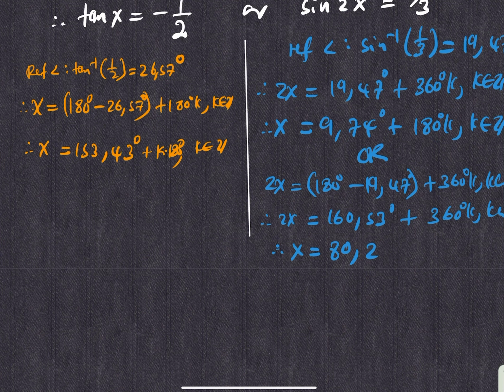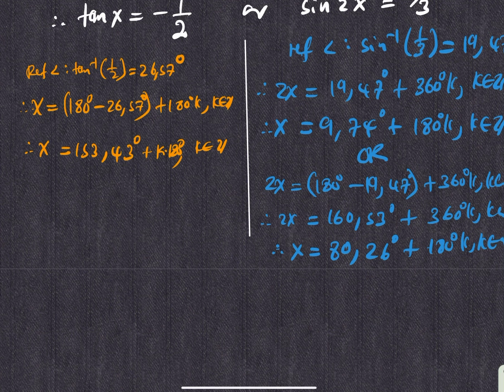Let me do it in this way: 180 minus the arcsine of 1/3, and I need to divide this by 2. If I don't round it off, it's going to give me 80.26 degrees plus 180 degrees k, where k is an element of integers.